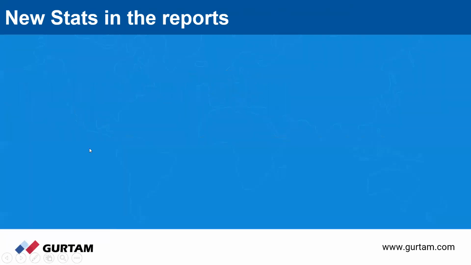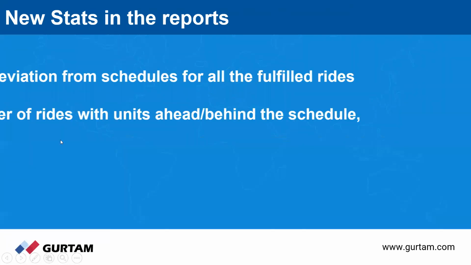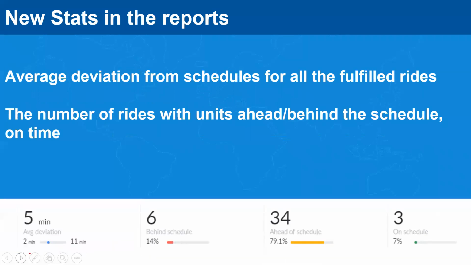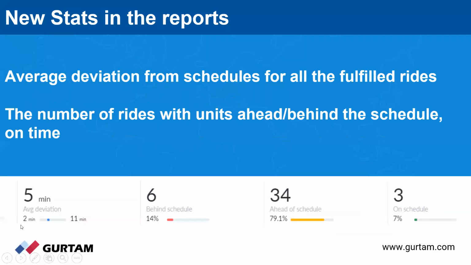The second and the third category is the average deviation from the schedule for fulfilled rides and the number of rides with units ahead of, behind, or on schedule. That's the second part of that bar. And in the expanded view of this feature, we actually added some color coding.